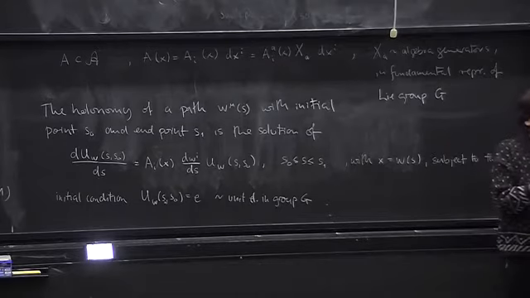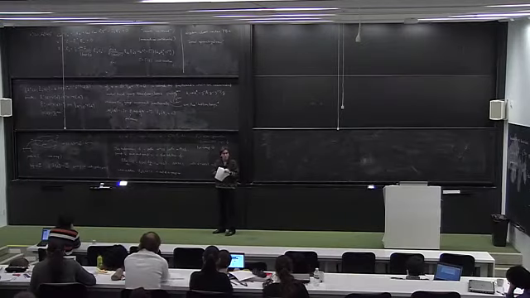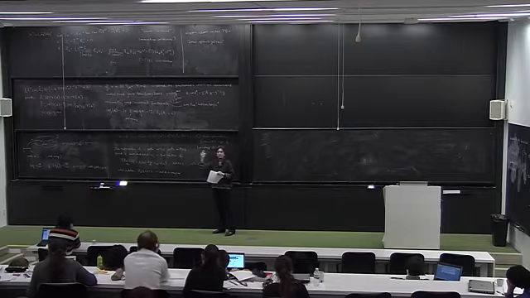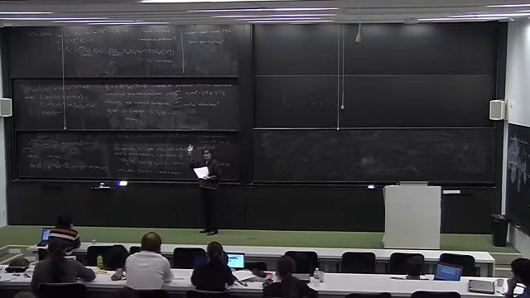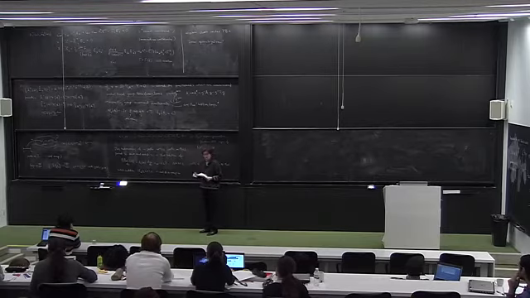But if I identify those two by making a closed loop and take the trace, then this is genuinely an object that is blind to gauge transformations. So it's just a true invariant.